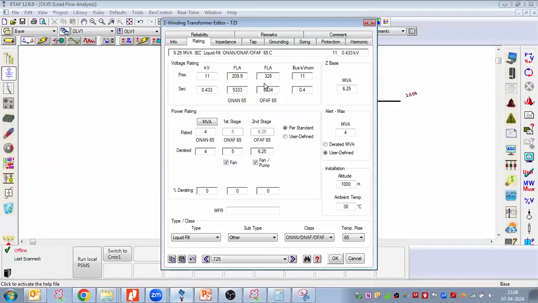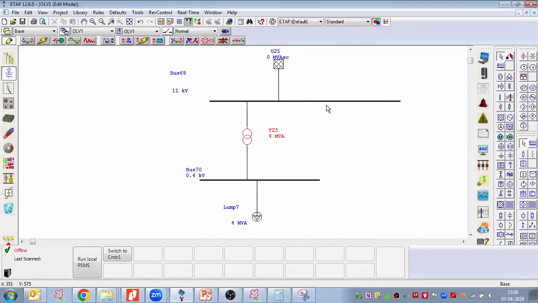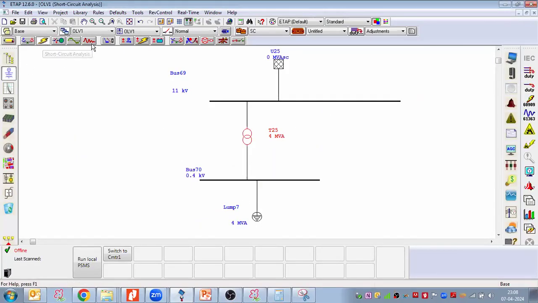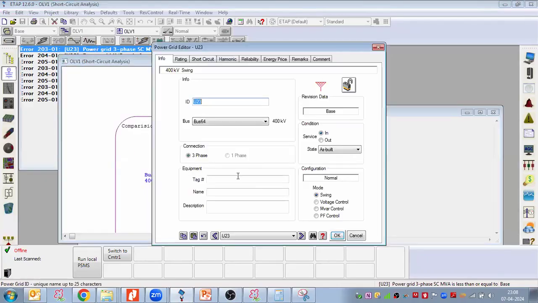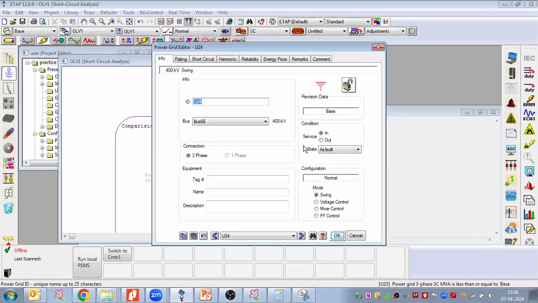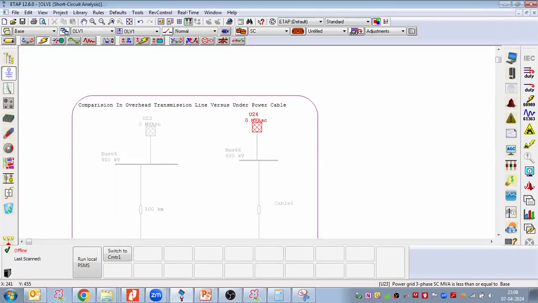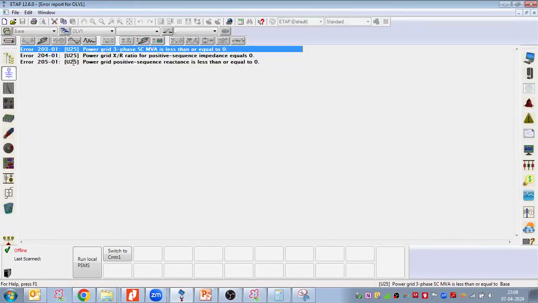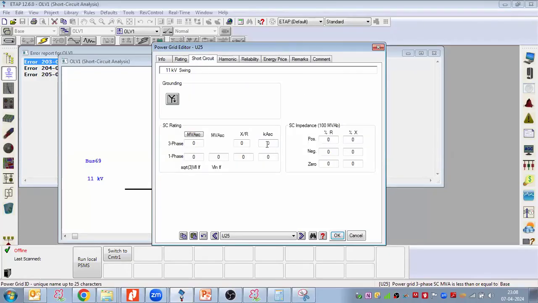We can simulate this as well. Like here, let us simulate the fault current. U23 out, U24 out, and again if we simulate U25, let us provide some short circuit rating.